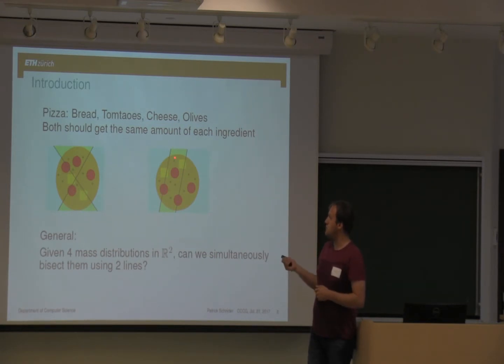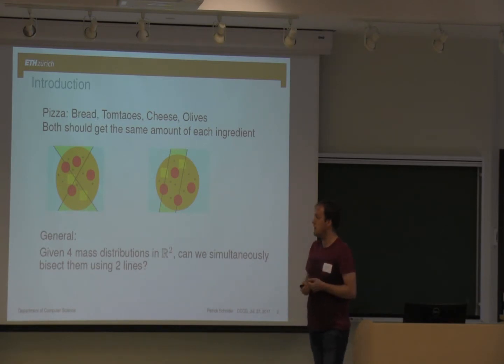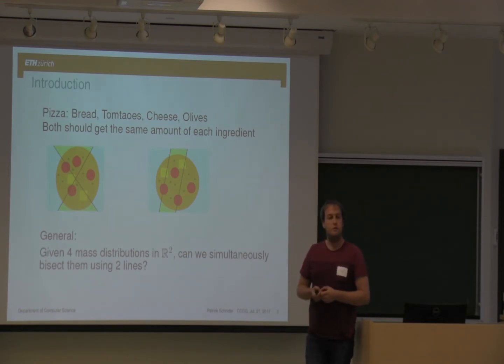This is another option for a different pizza where you actually cut parallel, and also here you can check that one person, in which case these 2 blue parts, gets the same amount of each ingredient as the one person getting this green part. So in a more general framework, we are given 4 mass distributions in a 2-dimensional space, and we want to simultaneously bisect these mass distributions using only 2 lines.